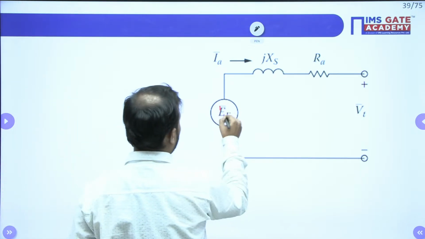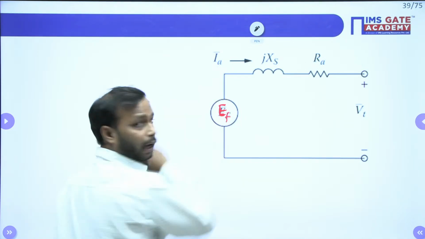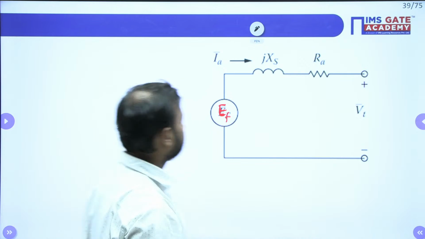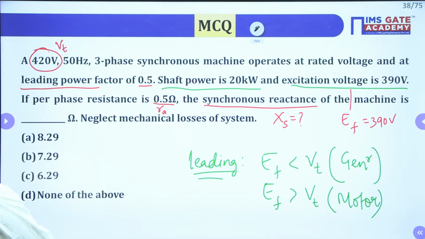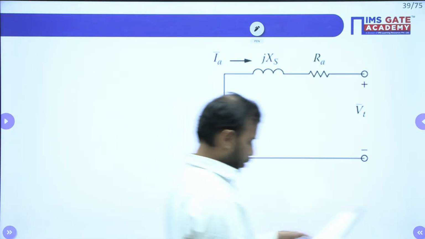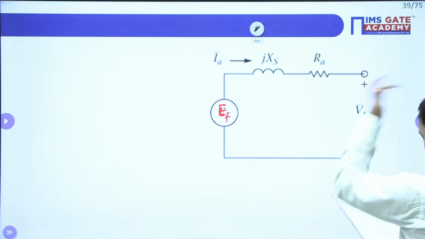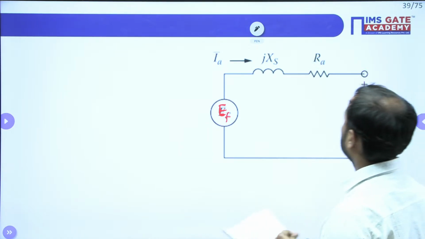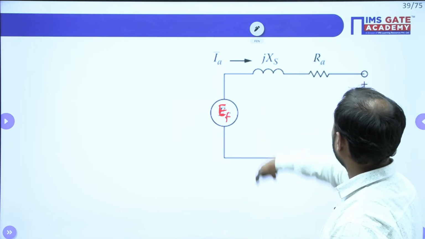So this is EF. I hope this is visible, na? Yeah. So this is 3-phase. So how to calculate this XS? I require EMF, RA, and RA is given in the question.